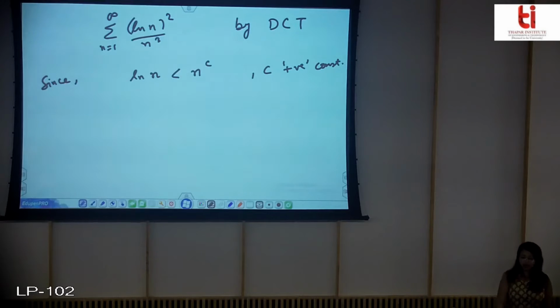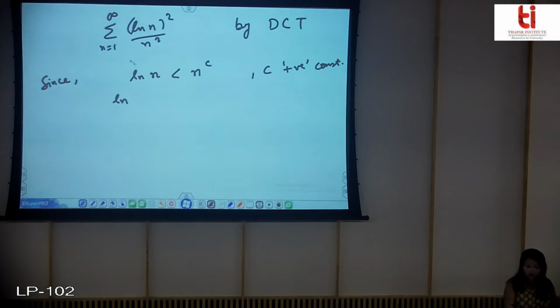Now if you take C greater than 0.4, you will see that this is valid for n equal to 1 only, but if you take very small c, it holds for very large n. So this will hold for sufficiently large n.